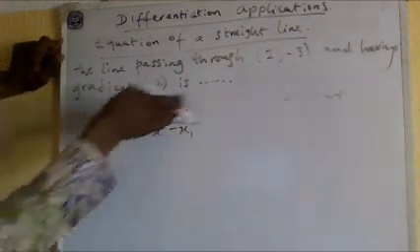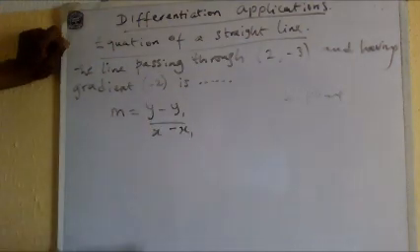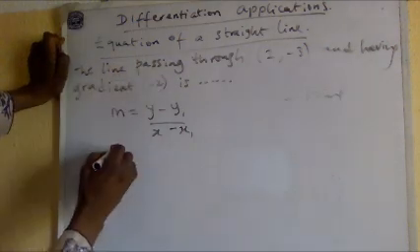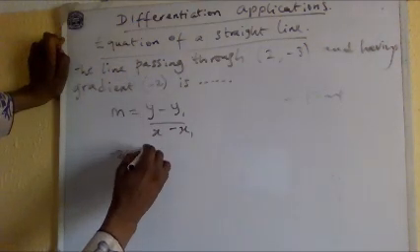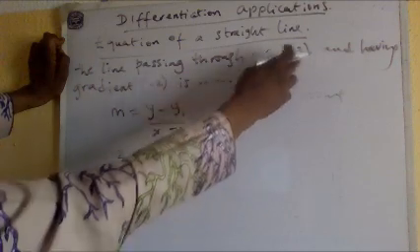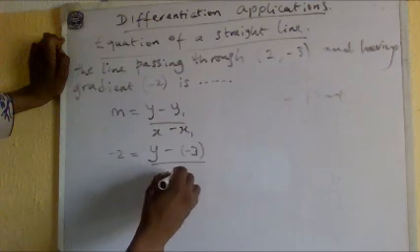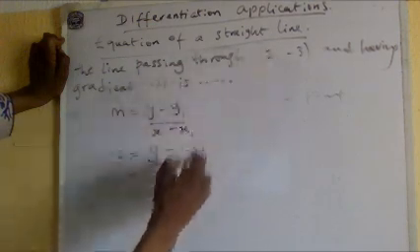So the gradient is changing y and changing x. This is not differentiation. So the gradient here is -2. I'm looking for this guy, which is -3. I plug it in here, over x minus this one, 2.